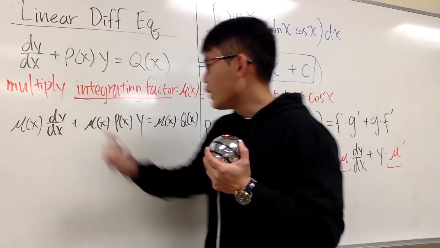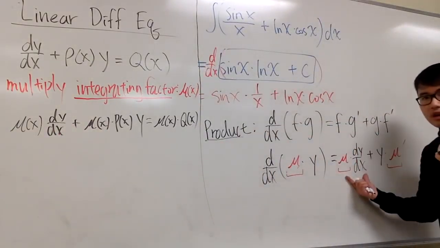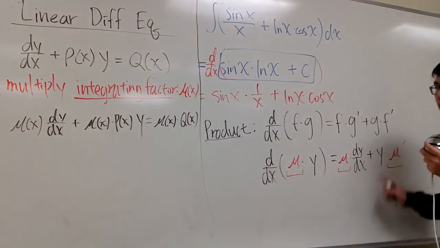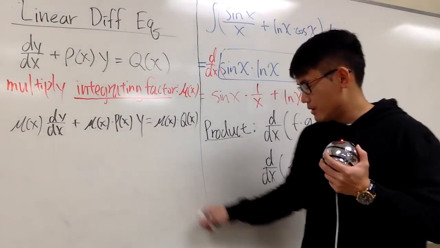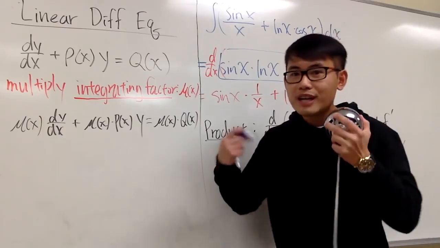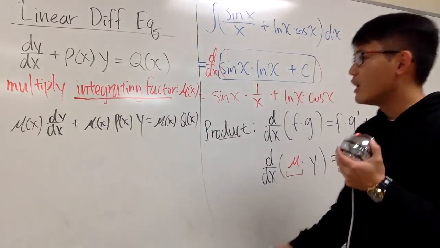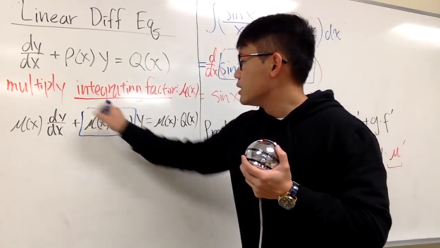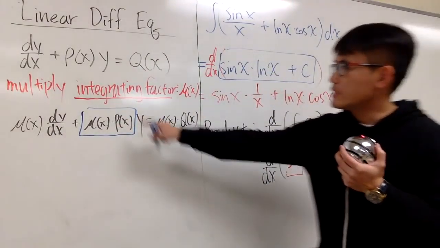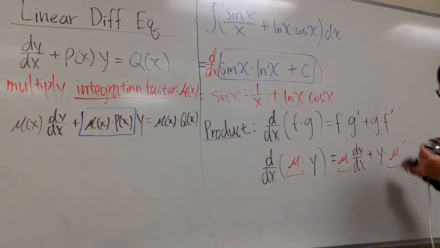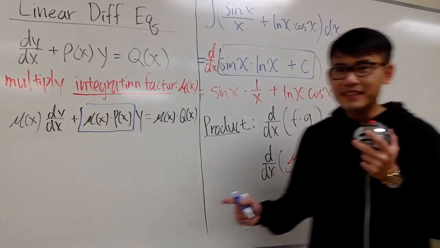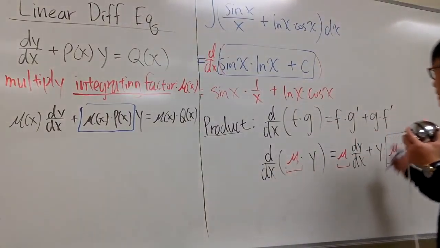Mu of x times dy dx, which is this right here, and then we add it with the y right here that's matched, right? Well, in order for us to come up with a formula for mu of x, what must happen is, you see, mu of x times p of x, where p of x was from the original, must match mu prime. So the key is, we are going to set this to be mu prime.